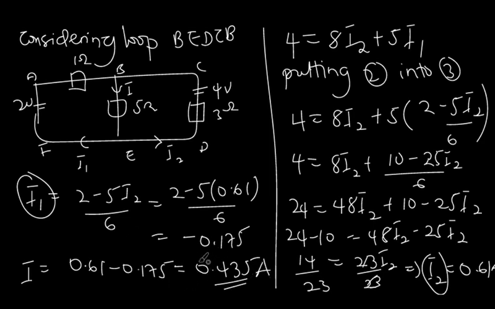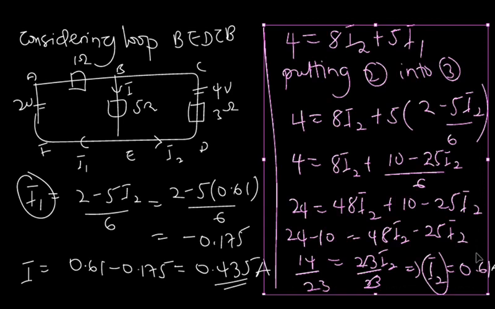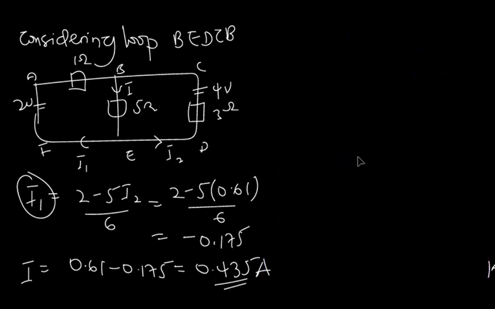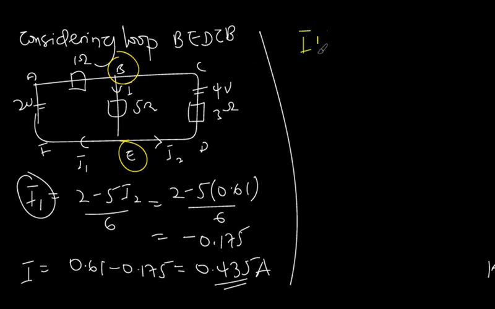Now the second aspect of the question is asking us to find the potential difference across BE. Now the potential difference across B and E is just the product of the current, which is I, times R, which is the resistance over here.